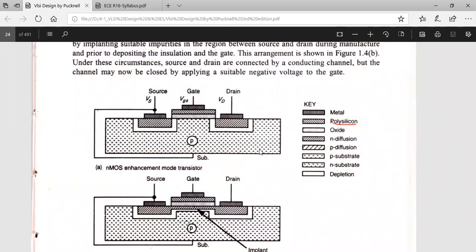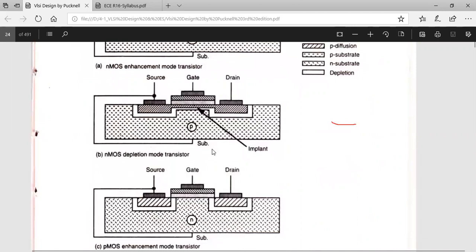Then what about the depletion mode transistor operation? Here by default some channel is already formed. That means such type of operation is not possible. But here you can see it will already be at some voltage, so that a channel already exists between the source and the drain.